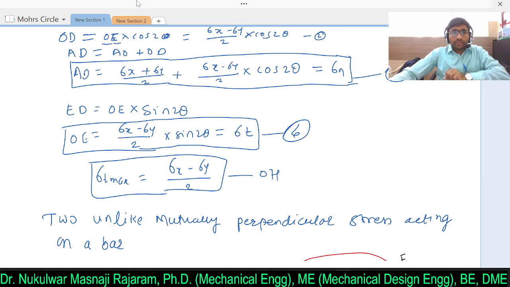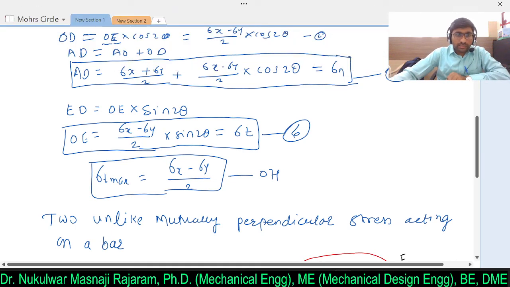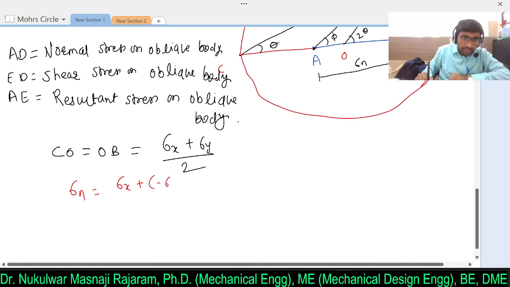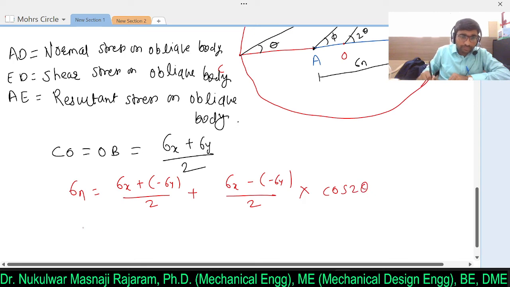Only when there is a compressive stress, then instead of positive, here we consider the negative. Clear? So same thing will be there. So if I ask you, then normal stress acting on body, sigma x plus sigma y divided by 2 plus sigma x minus sigma y divided by 2 into cos of 2 theta, and tangential shear stress will be equal to sigma x minus sigma y divided by 2 into sine of 2 theta.